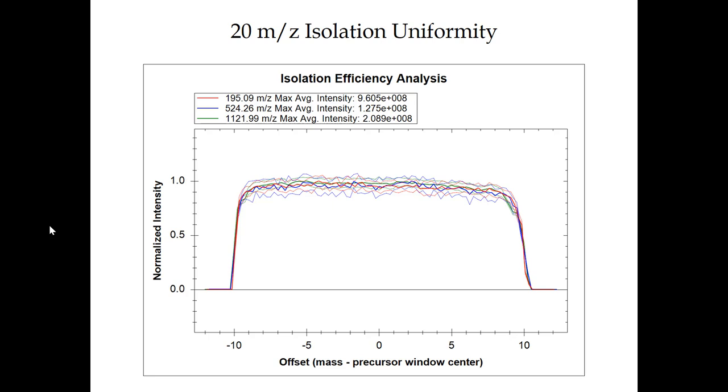If I isolate an ion right in the center, it isolates with efficiency normalized to 1, and it only really drops off when you get to the edge here. I would consider this very good isolation efficiency. On a Q-Exactive, it's going to tend to drop off a little. Having this flat isolation efficiency is really helpful when you're doing the overlapping window approach in particular, because in every other scan, the peptide is going to get isolated, say, here in one and then here in the other. So we need that flat isolation efficiency.